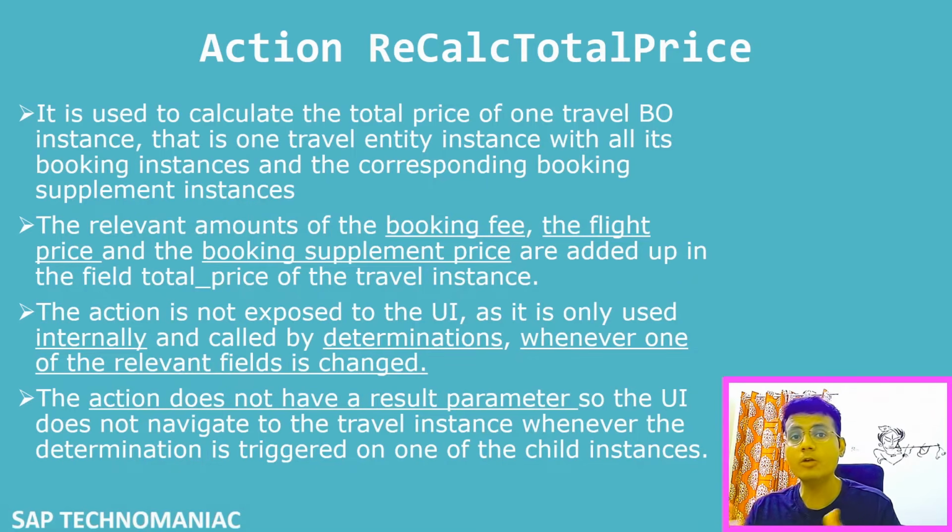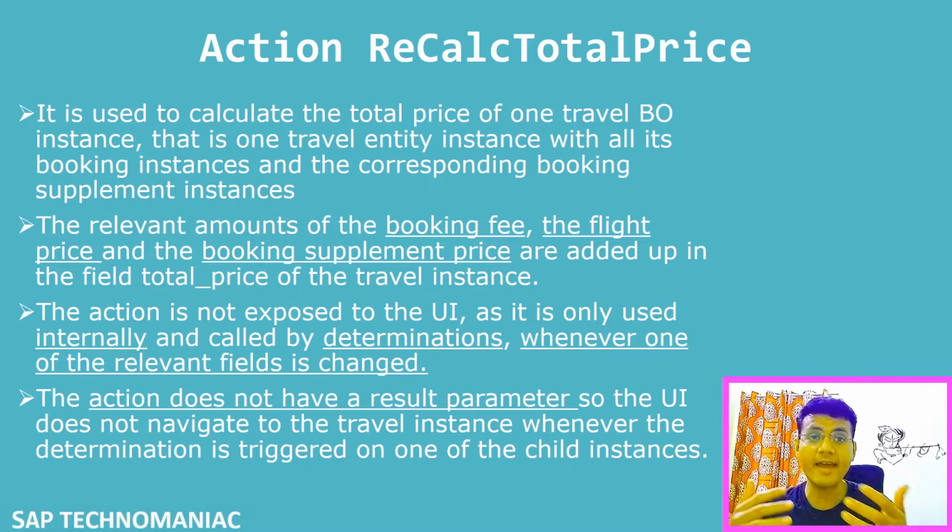So how will it be called? Through a determination. As soon as the price changes in any one of the entities, travel, booking or booking supplement, the determination is called automatically, and inside the determination we call this action internally, calculate the total price and update it. It will not return anything.